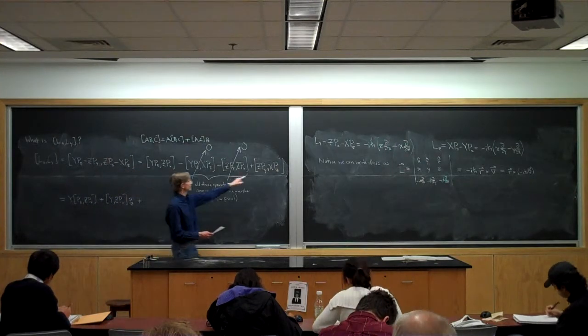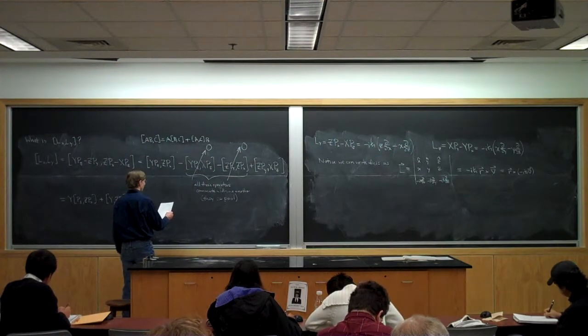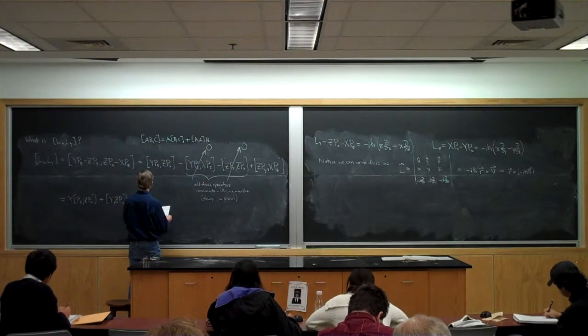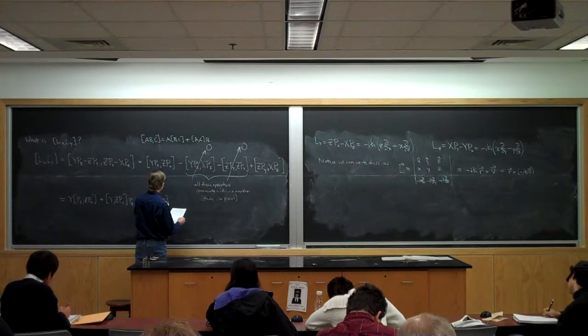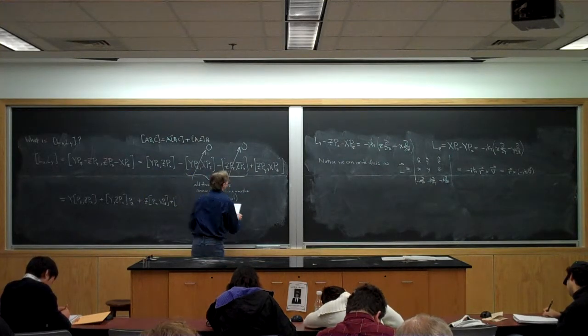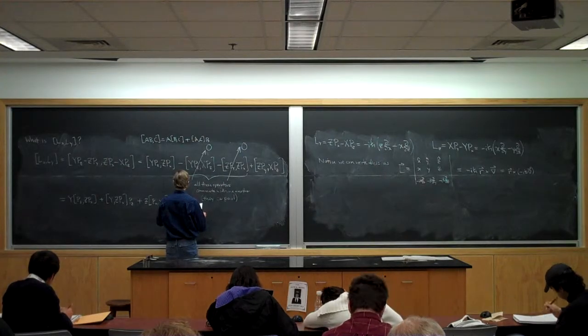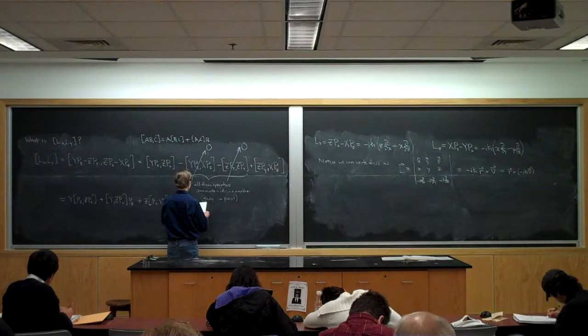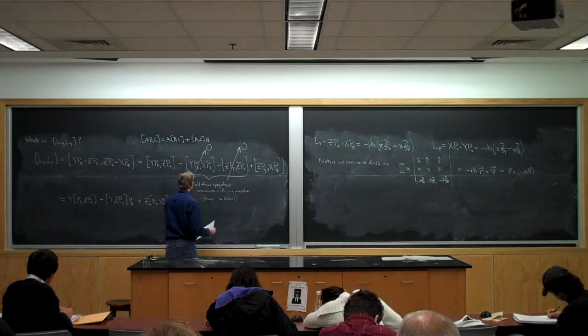Then I do the same thing to this term. Pull the z out to the left, so I get z times the commutator of py with xpz, plus pull the py out, the commutator of z with xpz, with py on the outside.